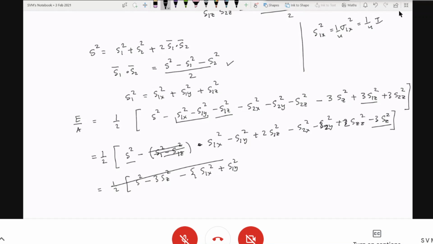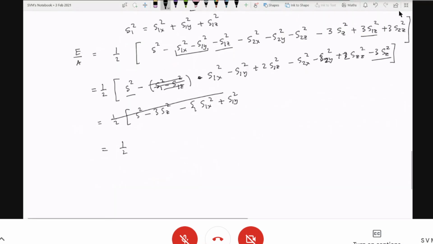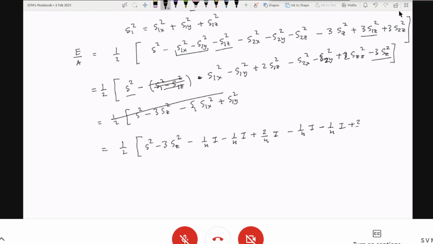Then we can say that this is equal to half S square minus 3Sz square minus 1/4 identity minus 1/4 identity plus 2/4 identity, minus 1/4 identity minus 1/4 identity plus 2/4 identity.